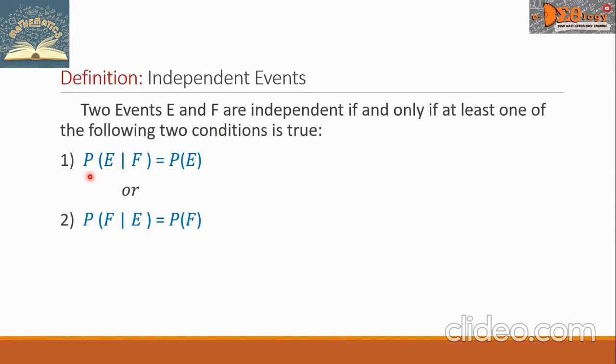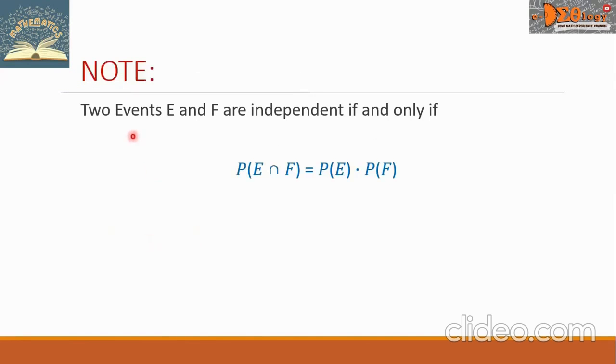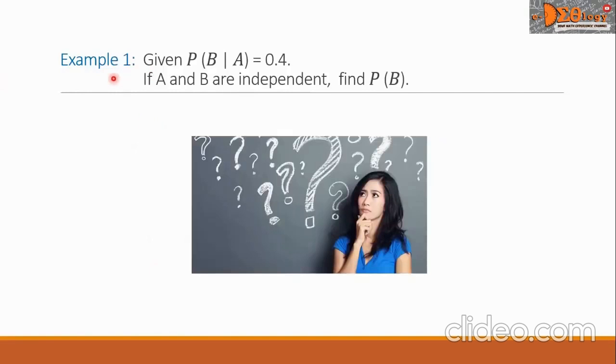Number one, the conditional probability of E given F equals the probability of E. Or number two, the conditional probability of F given E equals the probability of F. Take note, two events E and F are independent if and only if the probability of E intersect F equals the probability of E times the probability of F. Let us see some examples.